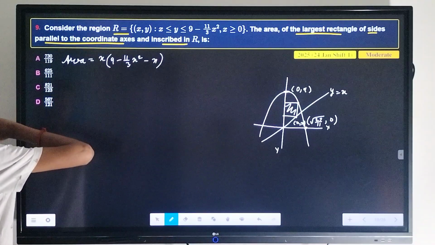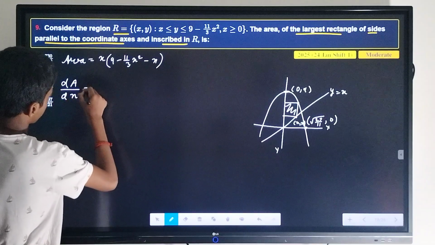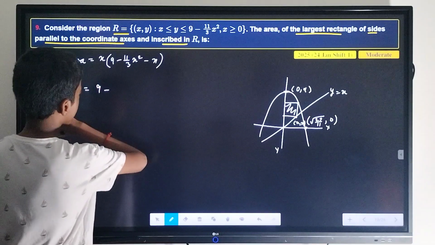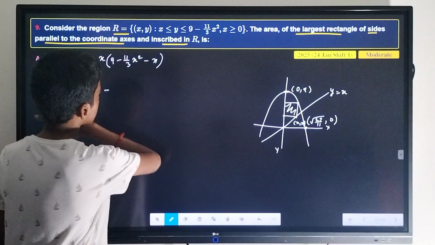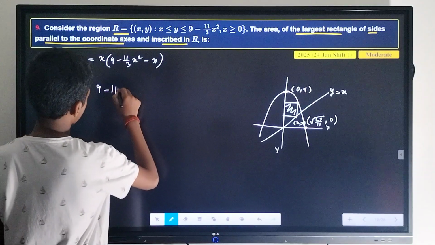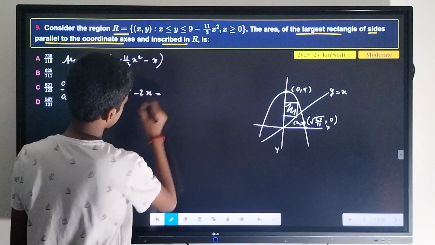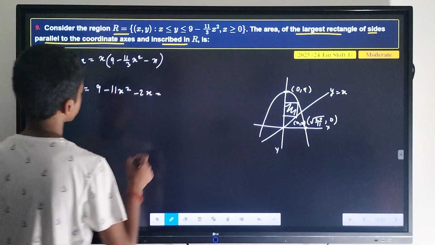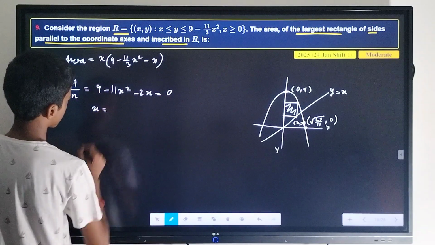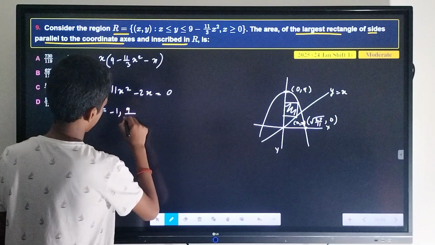So from here we will take the first derivative of the area. We will get 9 minus 11x square minus 2x is equal to 0. So from here our x is equal to minus 1 comma 9 upon 11.